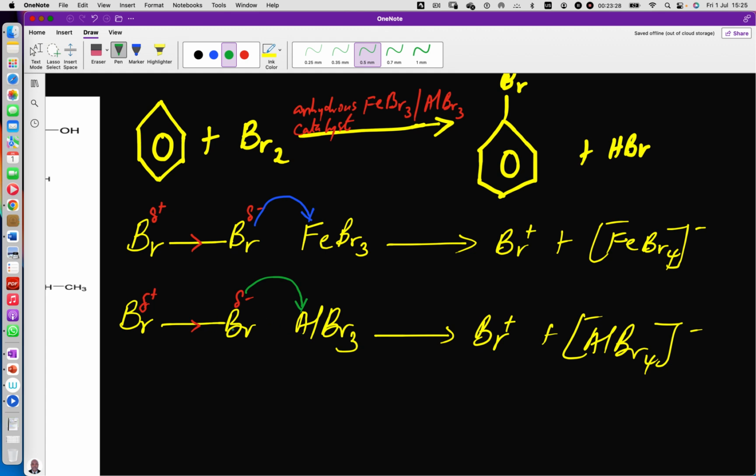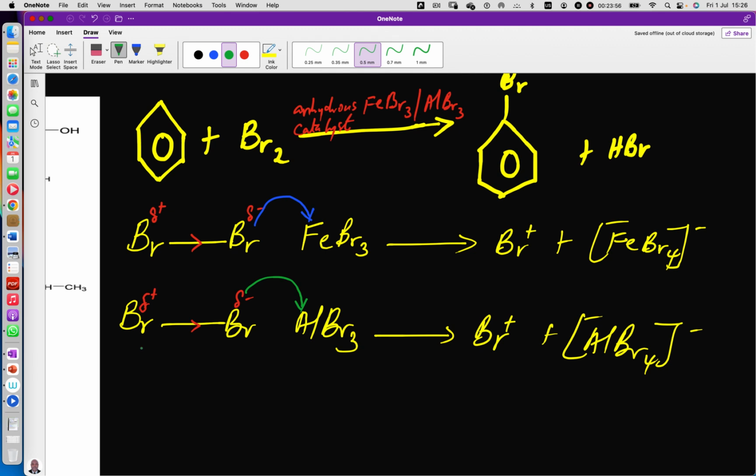So the bromine donates a lone pair of electrons into the empty 3p orbital of this aluminum here. When this happens, electrons are drawn from this other bromine towards this one, making this bromine have a partial positive charge, which finally results in it being an electrophile.